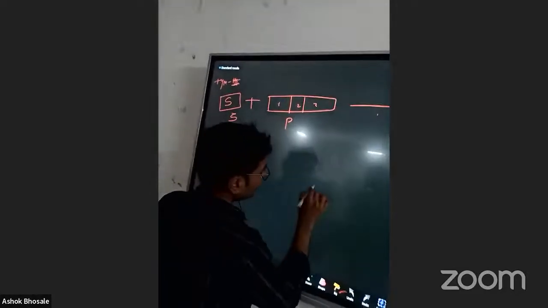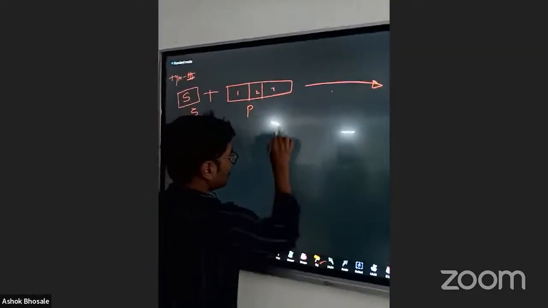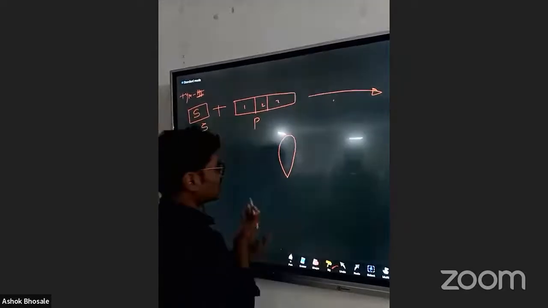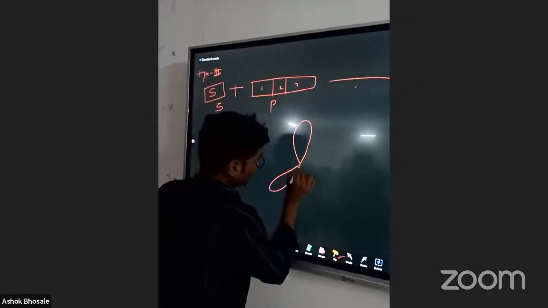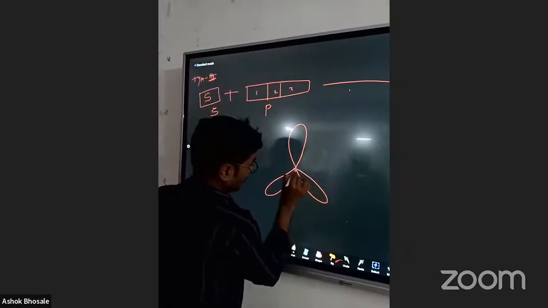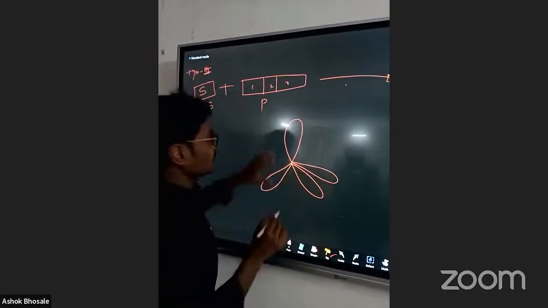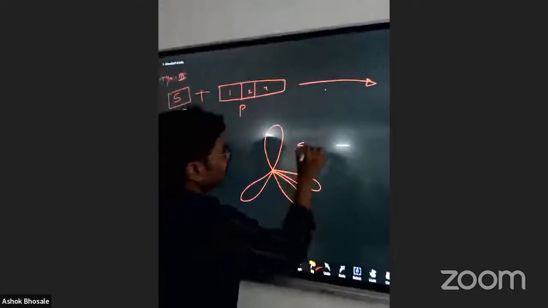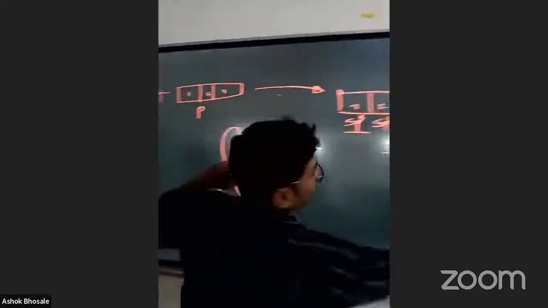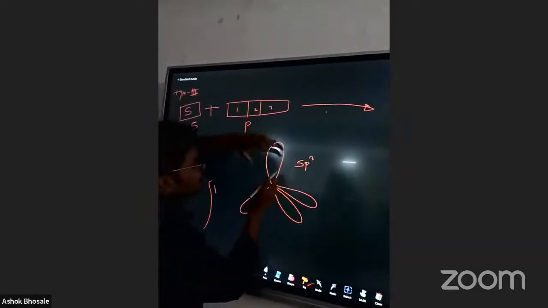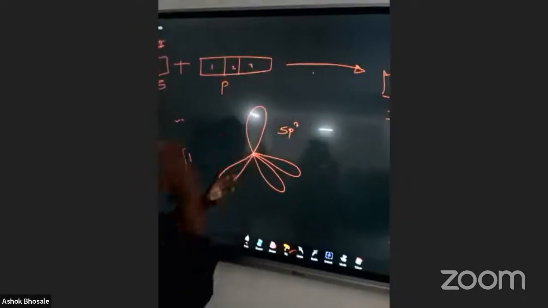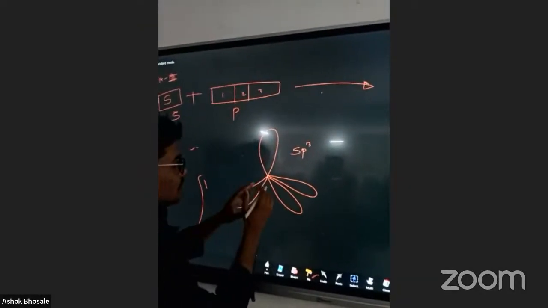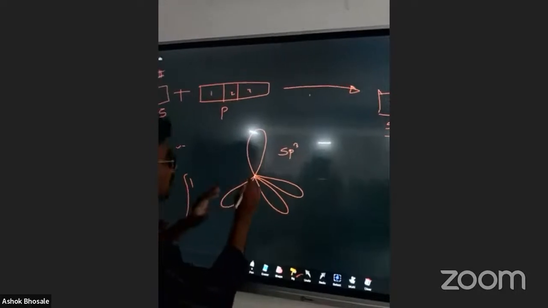In sp3 hybridization, in tetrahedral geometry, one orbital is above the plane. Of the next three orbitals, one is back to this plane.